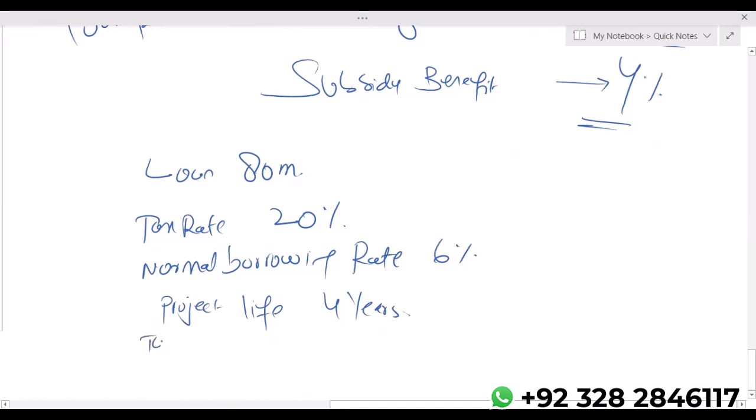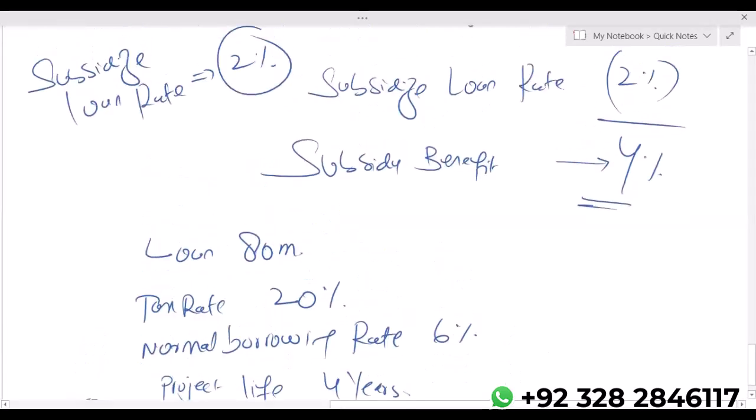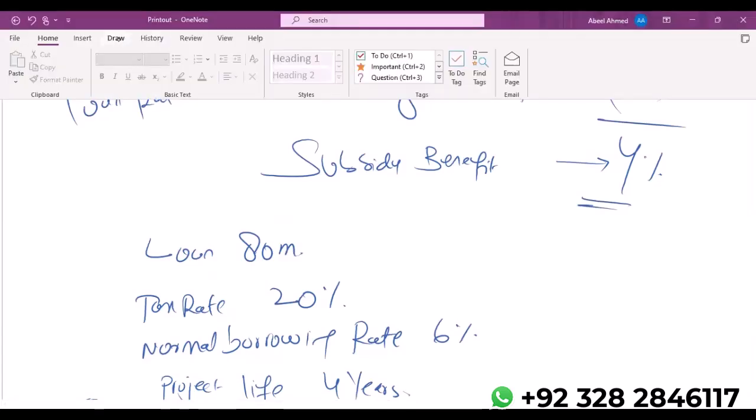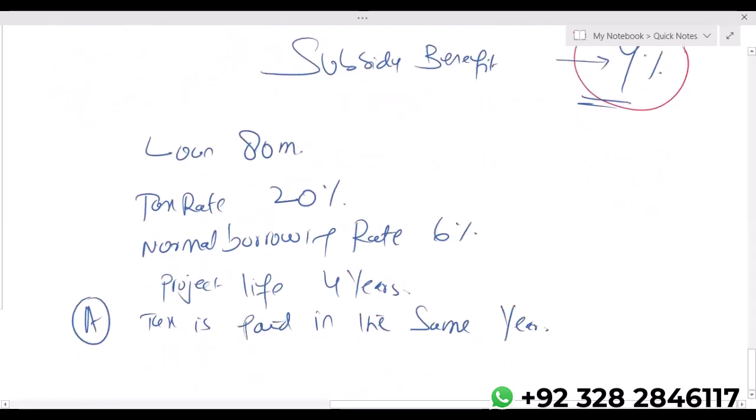Part A, tax is paid in the same year, meaning there's no delay. Loan is 80 million, tax rate is 20%, normal borrowing rate is 6%, project life is 4 years, tax is paid in the same year, so no delay. Subsidy benefit is 4%. And we are required to calculate the present value of the post-tax subsidy benefit.